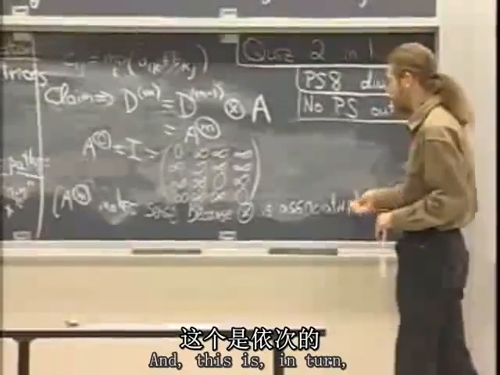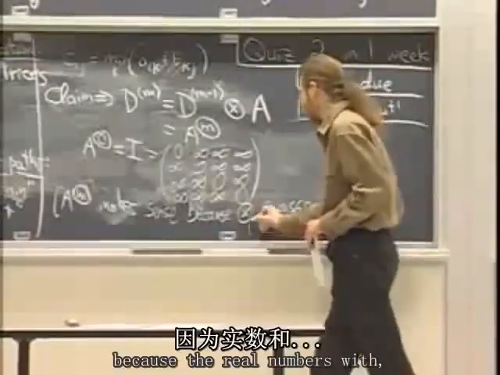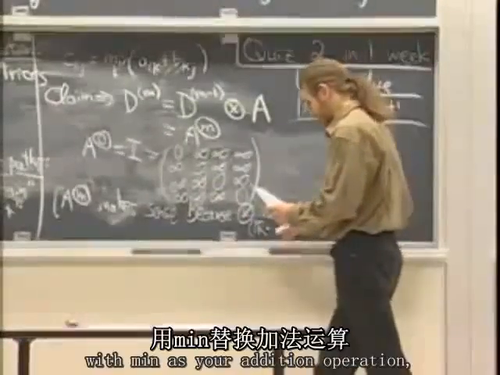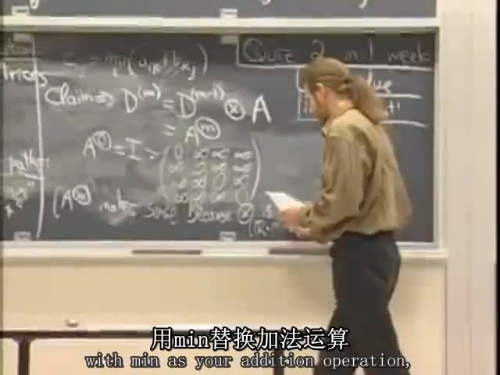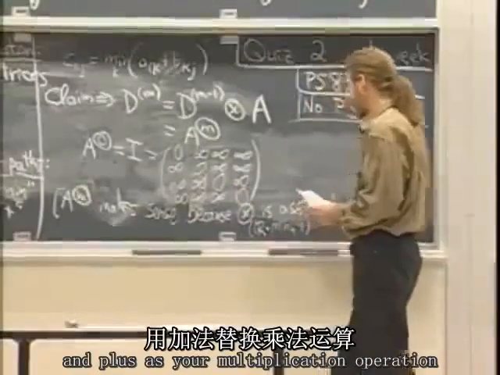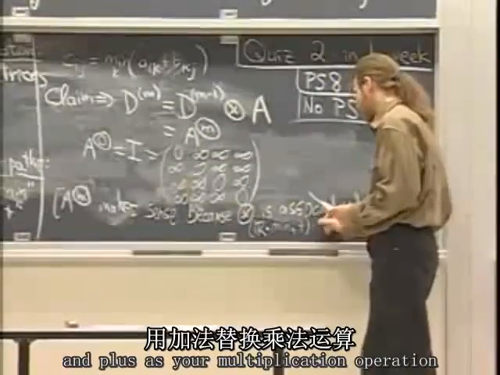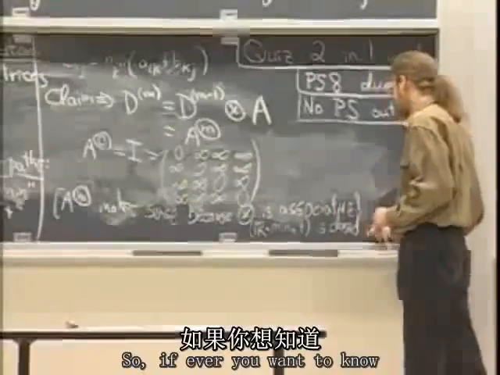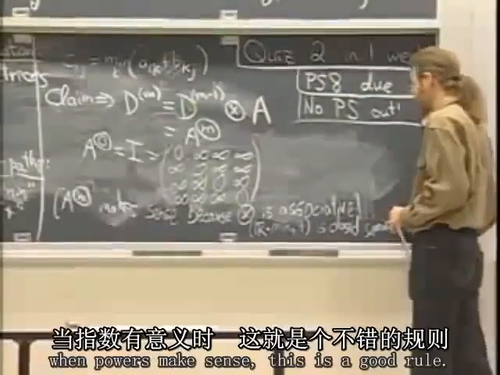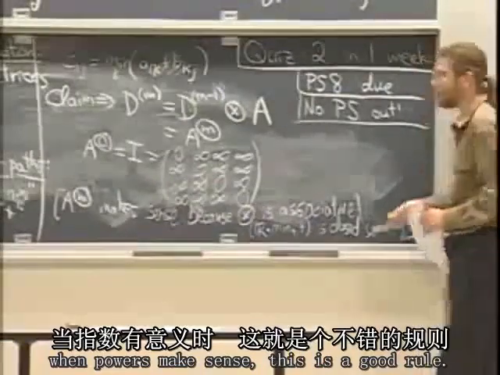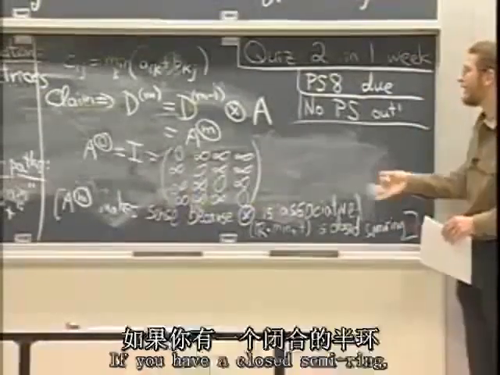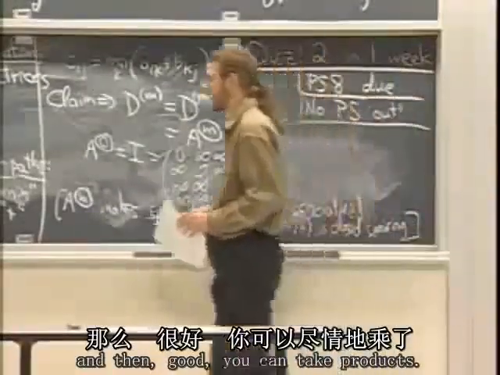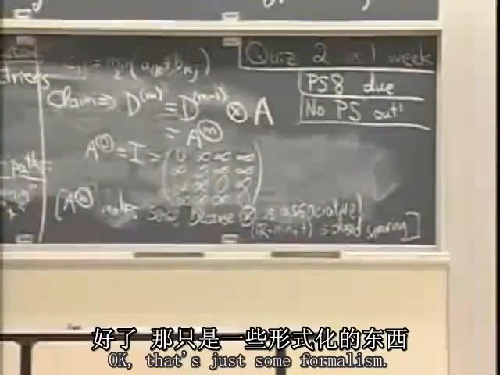This is in turn because the real numbers with min as your addition operation and plus as your multiplication operation is a closed semi-ring. So if ever you want to know when powers make sense, this is a good rule. If you have a closed semi-ring, then matrix products on that semi-ring will give you an associative operator, and then you can take products. Okay, that's just some formalism.